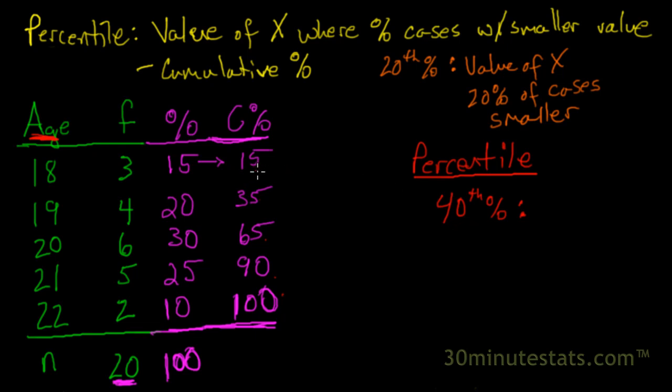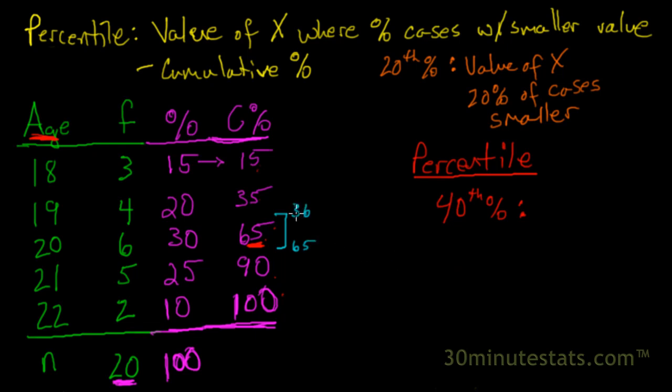Okay, so the 15% cumulative percent here is not greater than the 40th percentile. 35% is not greater than the 40th percentile. But aha, this next category, the 65 cumulative percentage, is greater than the 40th percentile. And in fact, what we can say is that this particular category ranges from, let's say, the 36th percentile to the 65th percentile.